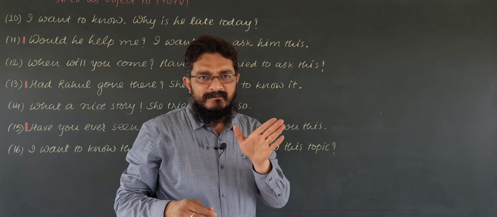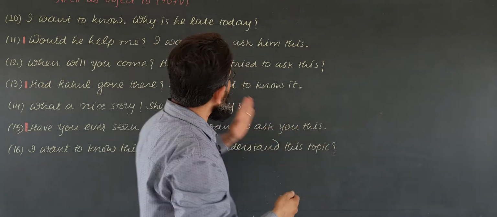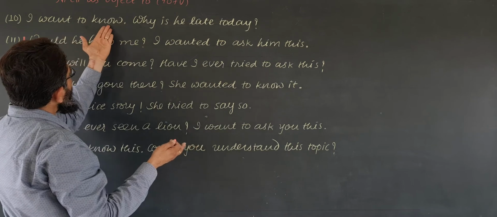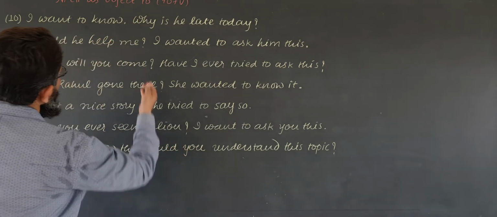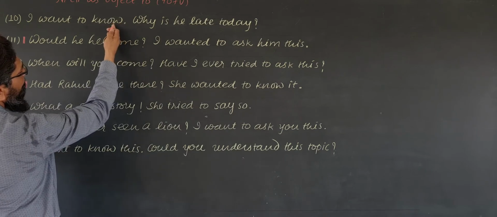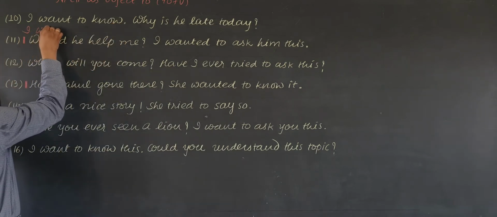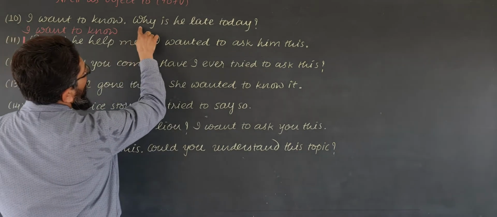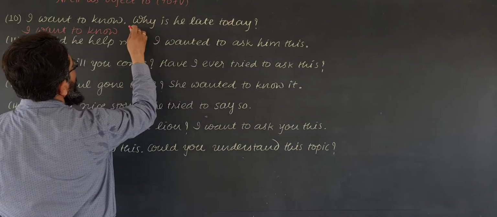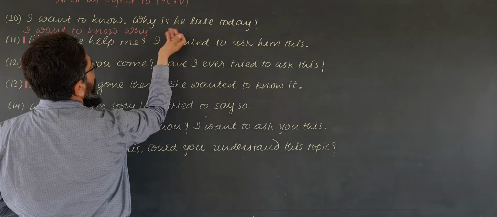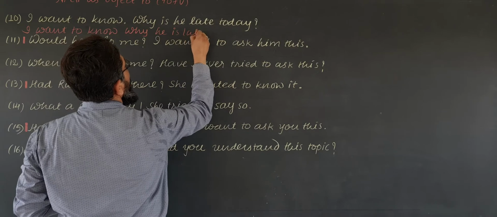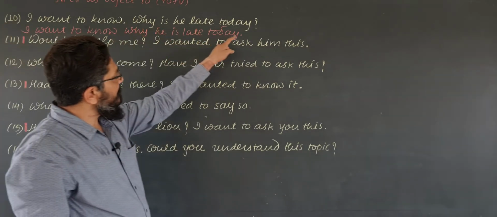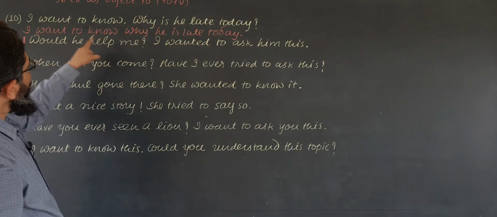Now if the transitive verb is a finite verb, what is it called? The right hand side of a finite verb is the object. Now who is the transitive verb here? To know. What to know? This is on its right hand side, so it counts as the object. So this is infinitive, so this will be the clause, noun clause is object to infinitive. I want to know why is he late today? The WH word has been given. Why? Easy, he is, he is late today. And here it is your full stop, the sign of the main clause. I want to know, main clause.